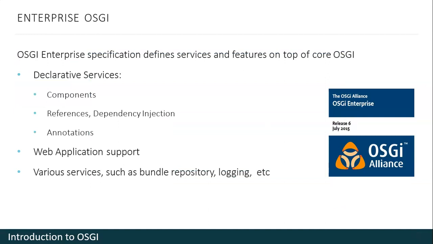Enterprise OSGI defines features on top of OSGI. The feature we will be most interested in is called declarative services. That feature introduces a concept of component, a Java class that exposes the service interface at the runtime environment.